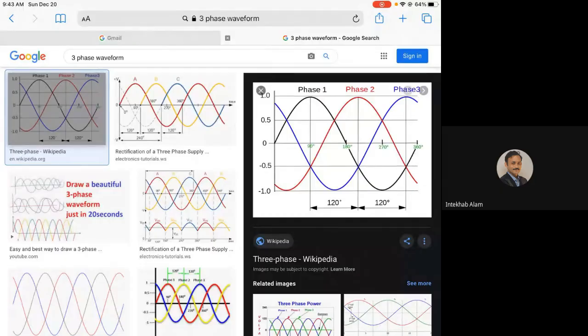Do you understand? And when phase 1 is 0, phase 3 is positive and phase 2 is negative.